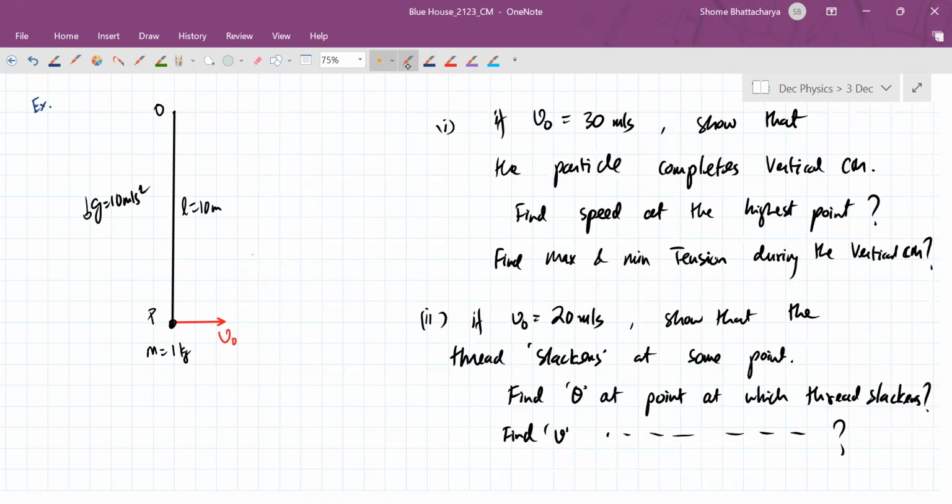Now take the corner of the wall and the floor as your origin. Suppose the distance from the origin to point A is x, and from the origin to point B is y. Then you have a constraint that x square plus y square is constant, because that's the length of the rod square.